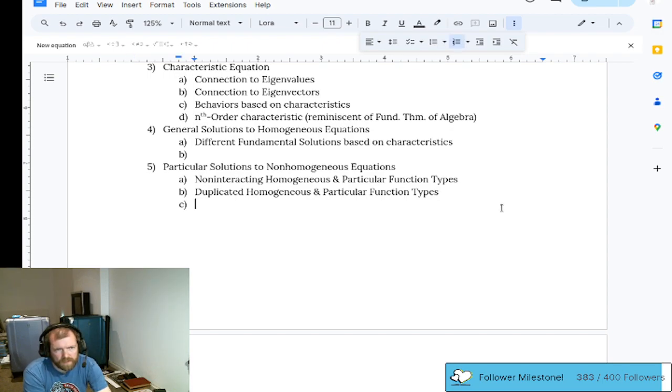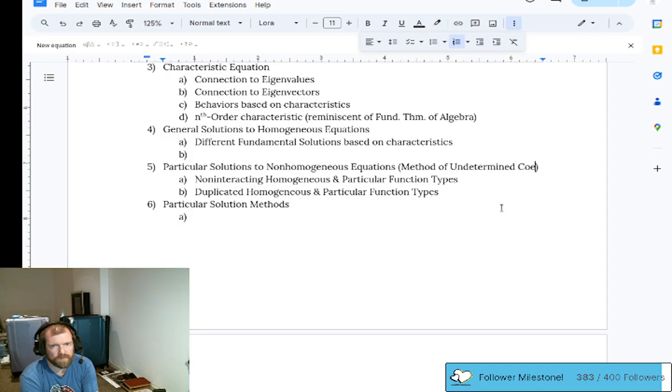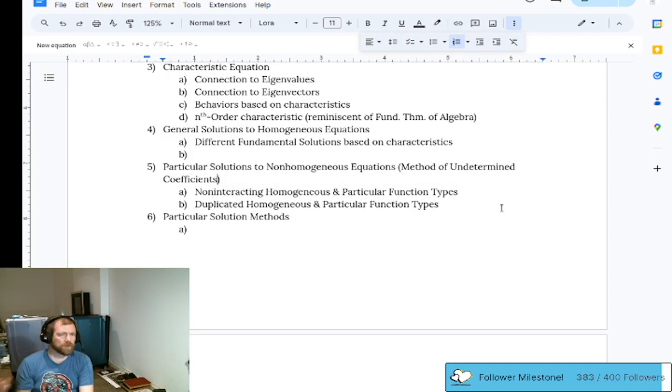So then we get into our particular solution methods, which realistically this one up here is just going to be method of undetermined coefficients. We're just not calling it that necessarily until we get to probably here.